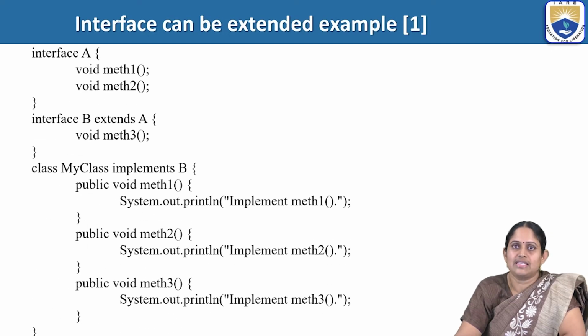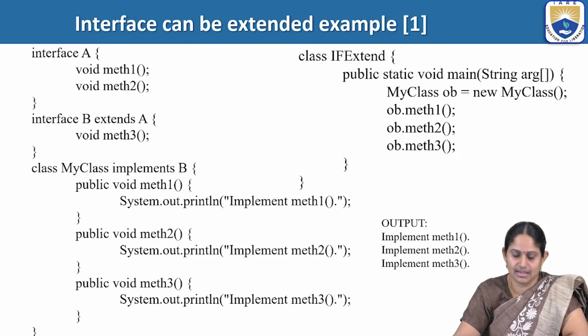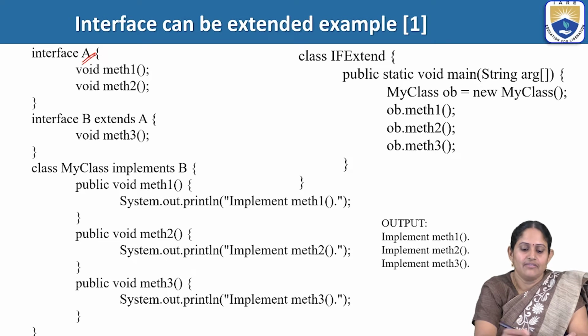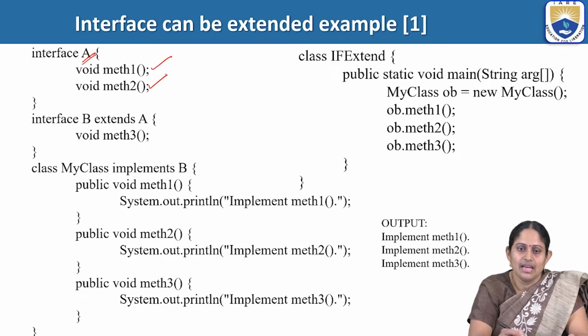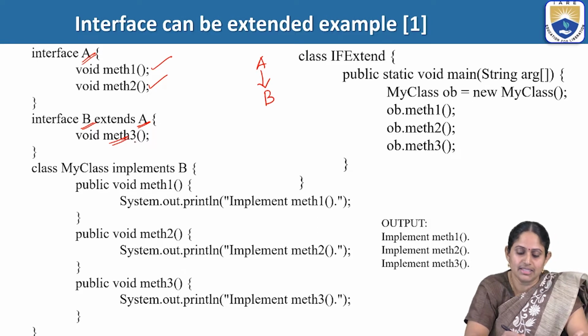So let's look into an example of how this inheritance is extended. First we have an interface A with two methods, meth1 and meth2. From A, another interface B is created. This interface B extends interface A, and B has its own method, meth3.